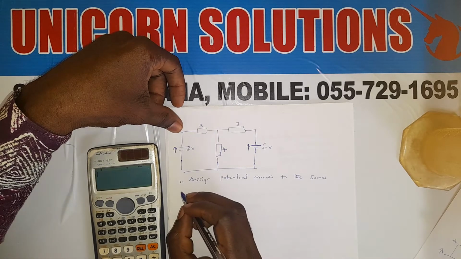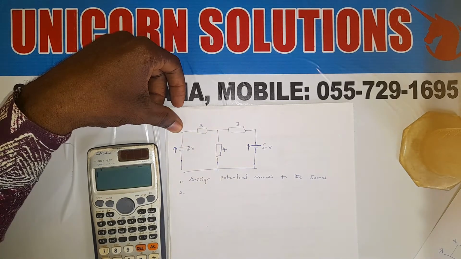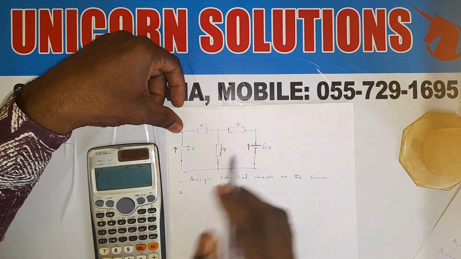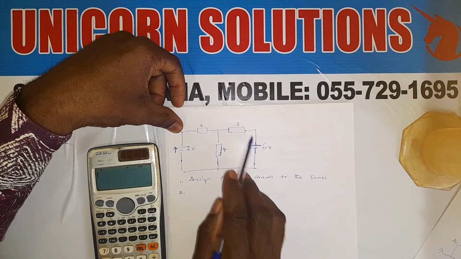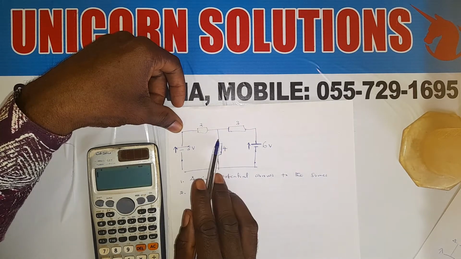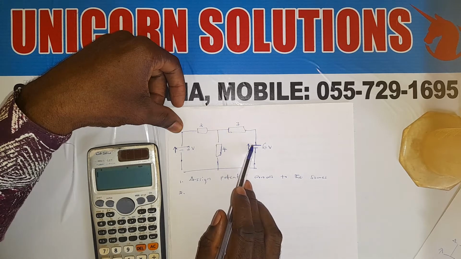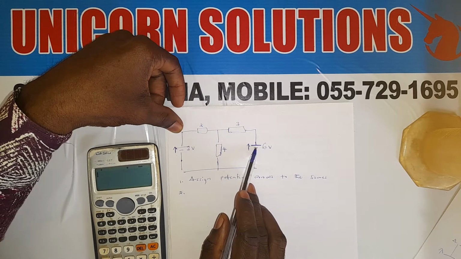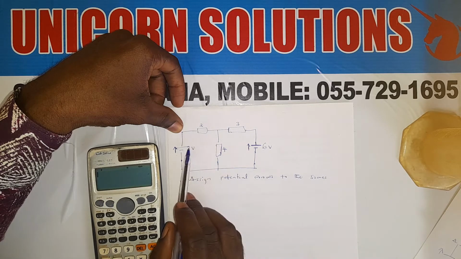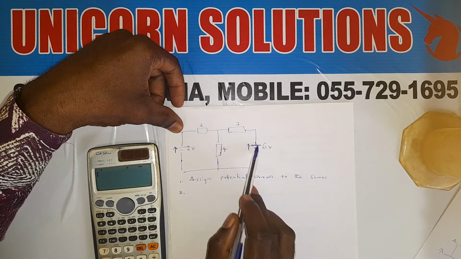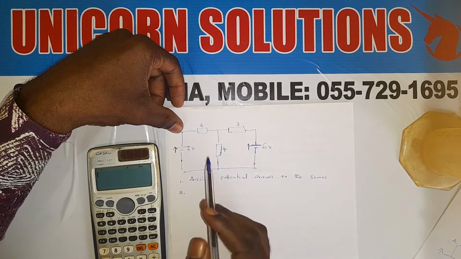Now our next step is to choose our own current direction. In this circuit, I will choose whether these two should all be discharging to the circuit, or this battery will be charging this while this one will be discharging. Or let's say this one will rather be discharging to charge this, or we let this one rather discharge to charge this.